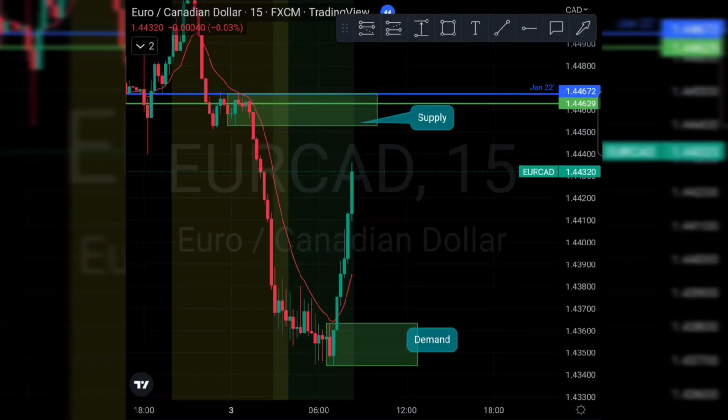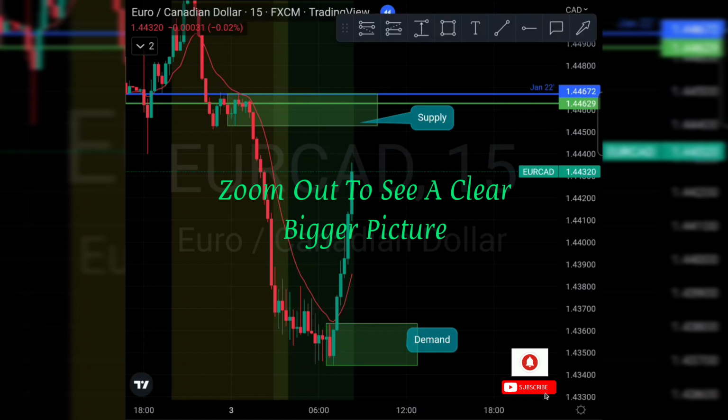And whenever I mark up my setup or my strategy on the 15-minute time frame, sometimes I like to zoom out to the higher time frames just to clear up some of the noise that lower time frames can cause.